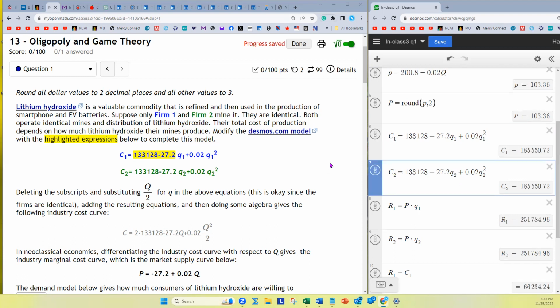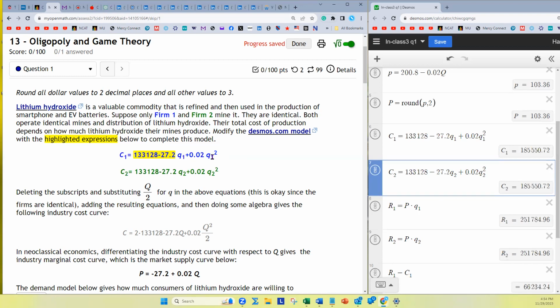The next thing I need to do is recognize that the market supply curve down here is derived in the neoclassical model from these two cost equations. The way that happens is that we first delete the subscripts here.